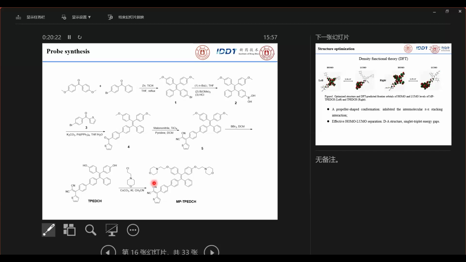It is already in medical use, especially for skin cancer. We inject the photosensitizer, and under irradiation of a specific laser, the cancer cells will be broken and cured by this kind of photosensitizer.